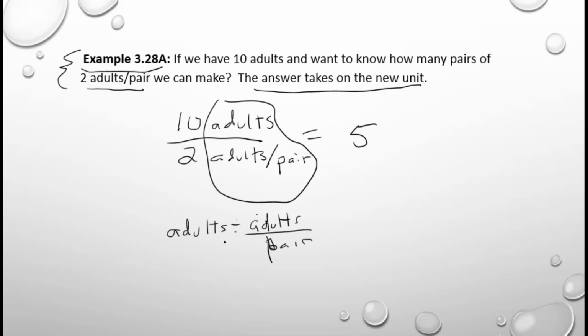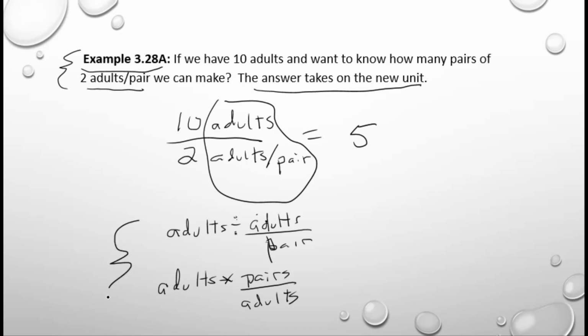Now what I'm going to do is jump ahead a little bit in this section, although we've already mentioned it, that the way to divide a fraction is to invert and multiply. So it's the same thing, adults divided by adults per pair, or adults times pairs per adult.